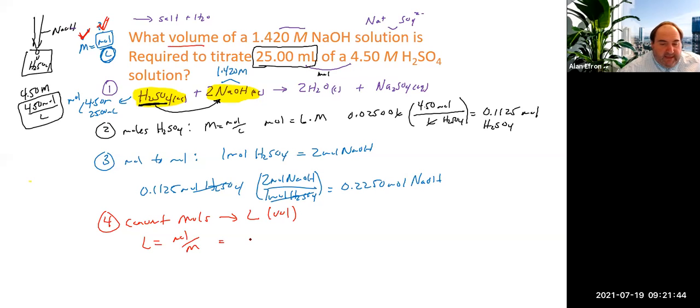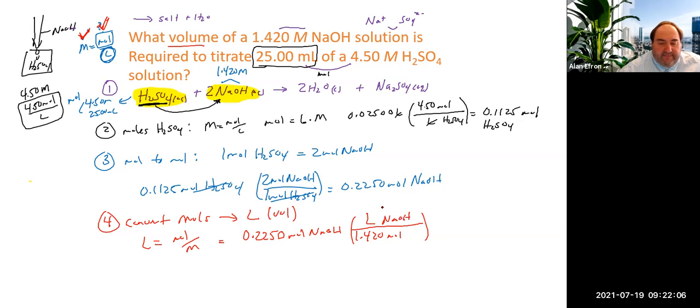So we have 0.225 moles of sodium hydroxide, and I'm going to use the molarity of sodium hydroxide like a conversion factor, 1.420 moles per liter of sodium hydroxide.